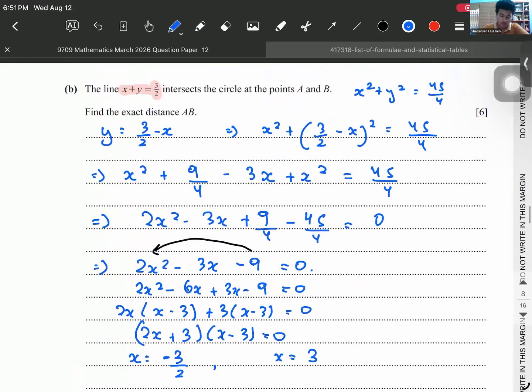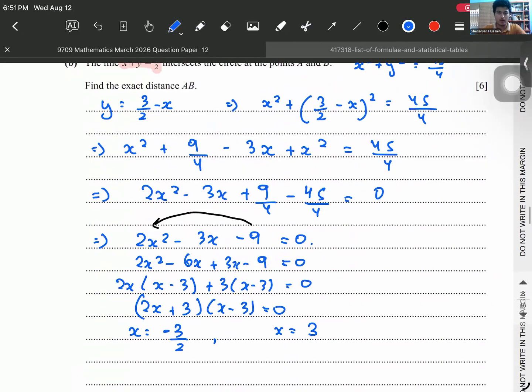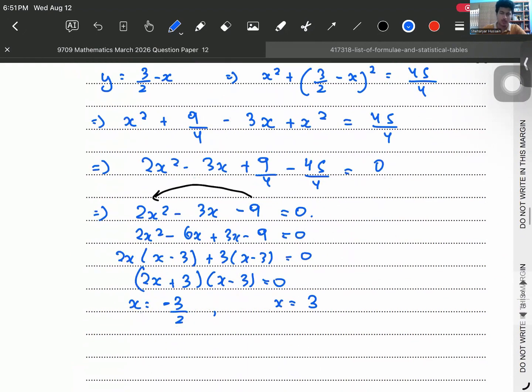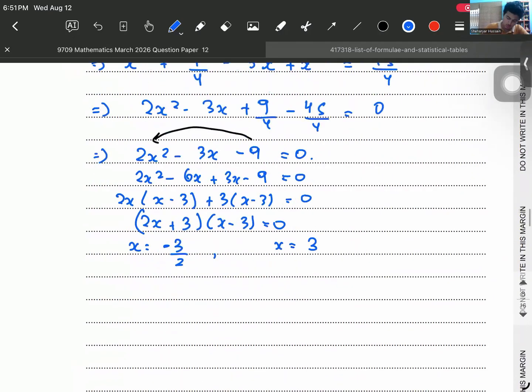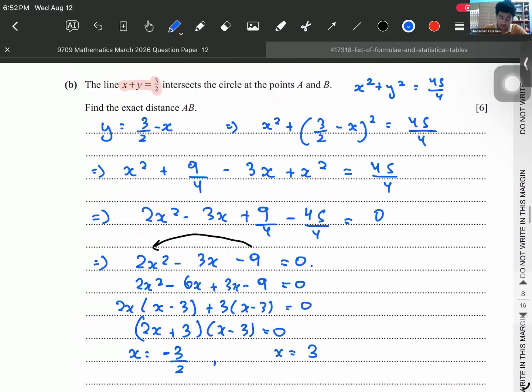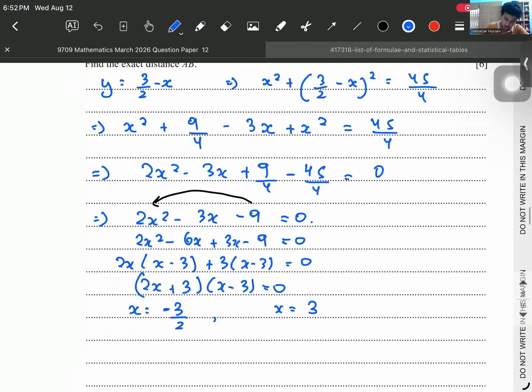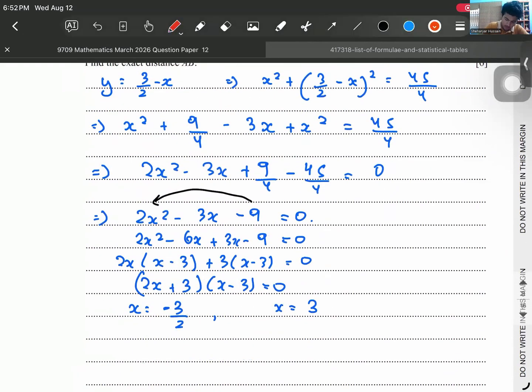Okay, so what have they asked for? They want us to find the exact distance of AB, right? So since we got x equals negative 3 by 2 and x equals 3, now we need to find the exact distance. Wait, we also need the y values, right? So the y value, we have no issue there. Let's just input that into equation number 1 or 2 or 3, whatever you want to call it.